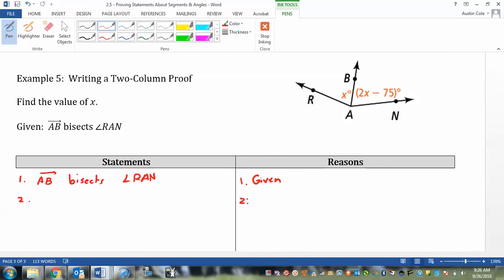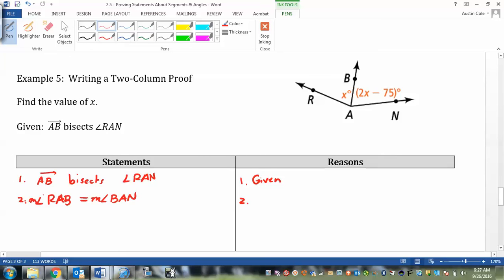Rachel, what do you got? We know that if it's bisected, the 2 parts on each side are the same, are equal. So we're going to make that statement. Angle RAB is equal to angle BAN. I'm going to put the measure of, put those little m in front there.